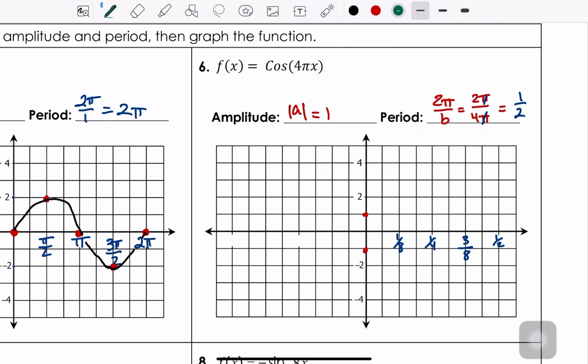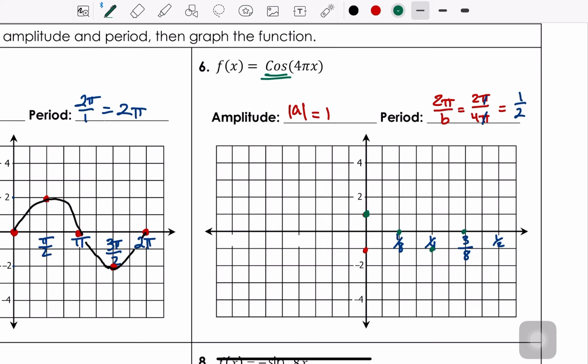So we're going to go ahead and quickly graph it. Okay, now in this case, we are starting with cosine. Cosine does start at the top, especially because there's no negative in the front, right? So we are going to go ahead and mark our value here. And then we go down 1, and then we go down another, and then we go up, and then up another. Whoa, let me backtrack because our amplitude was 1 and I went 1 too far.